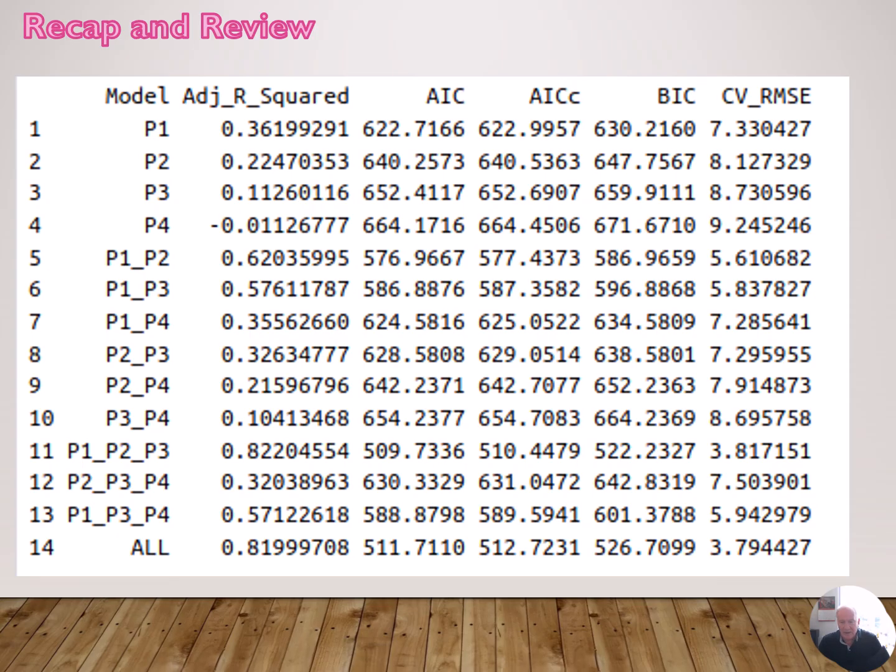If we start combining three together, it looks like P1, P2, and P3 give us a pretty good adjusted R squared value. If you remember, for the other criteria we're looking for the smaller values. So for AIC, what we see is that if we use all of them, we get an AIC of 511.